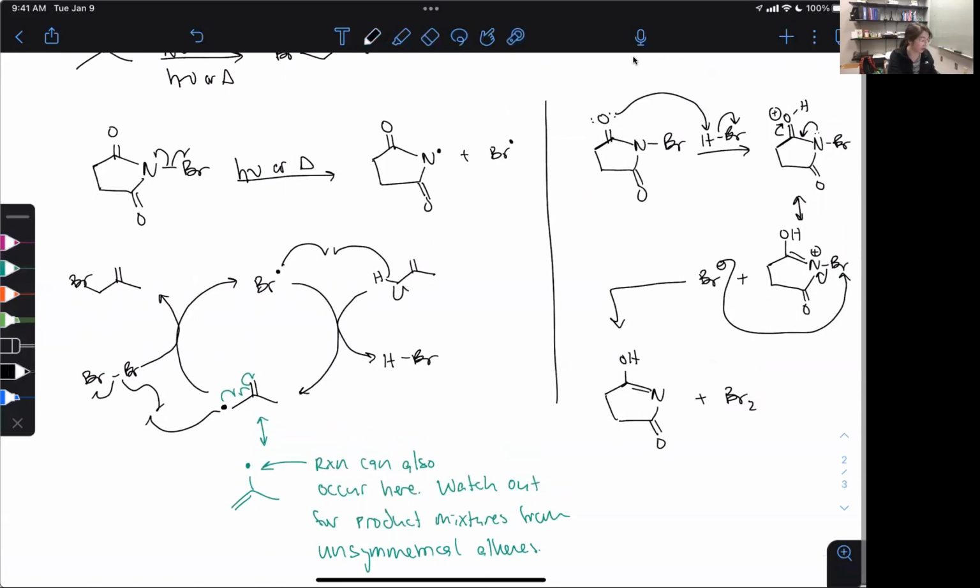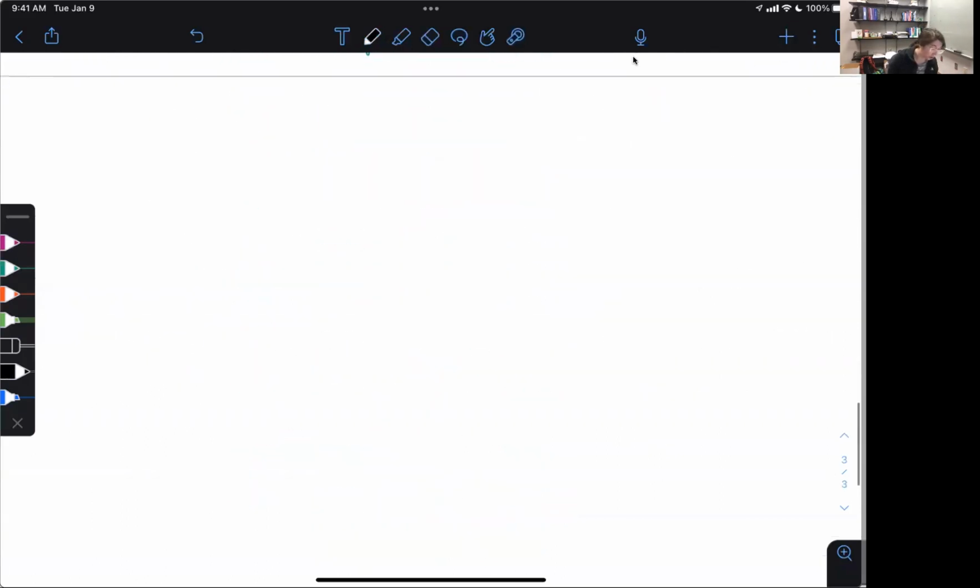Okay, so then our final reaction that we're going to cover is our carbon-carbon bond forming reaction. So we're going to use an organic compound that has a halogen and an alkene in it. That's kind of the two things that you need.